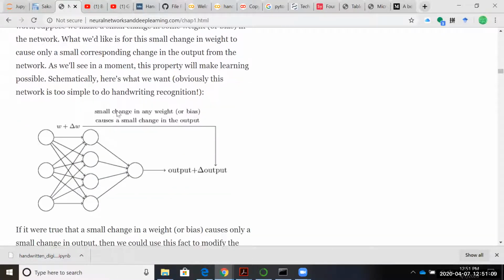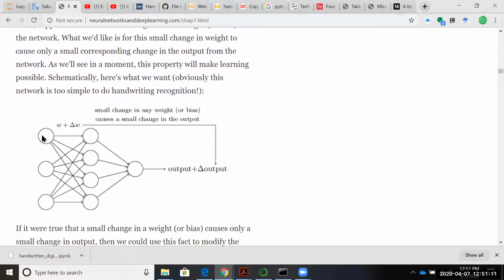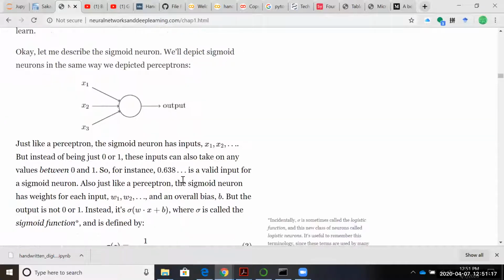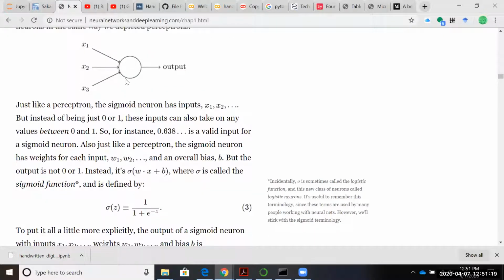So the sigmoid neuron is basically saying now you have these input parameters, and the output is a continuous variable. So this is some kind of function of 3 inputs, and you want to make things very simple.